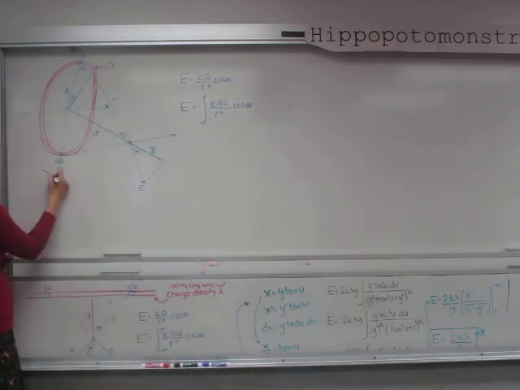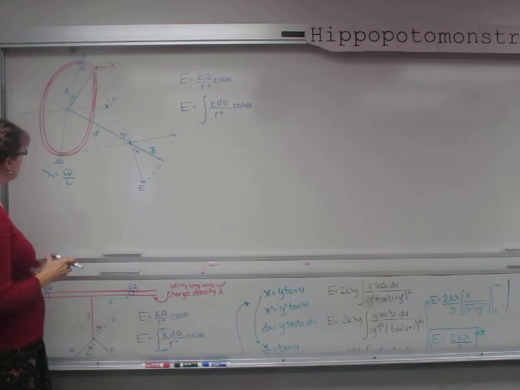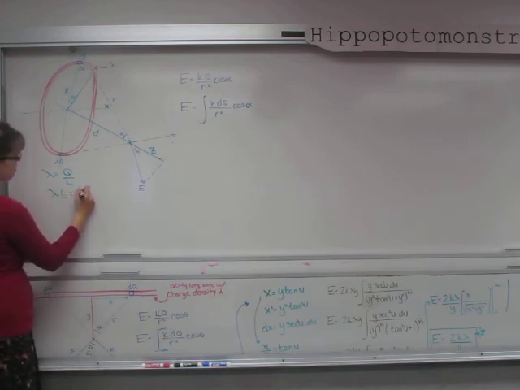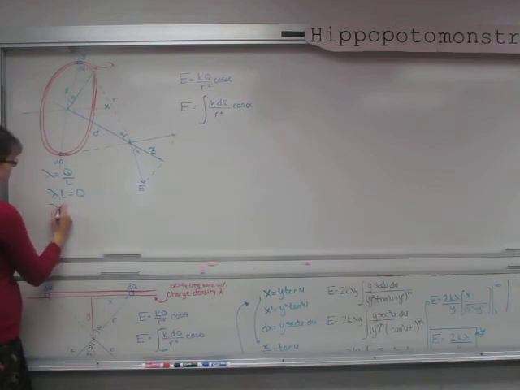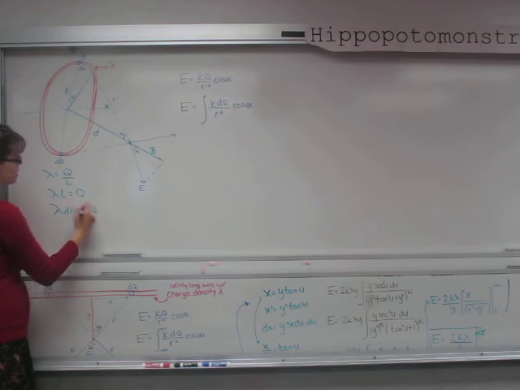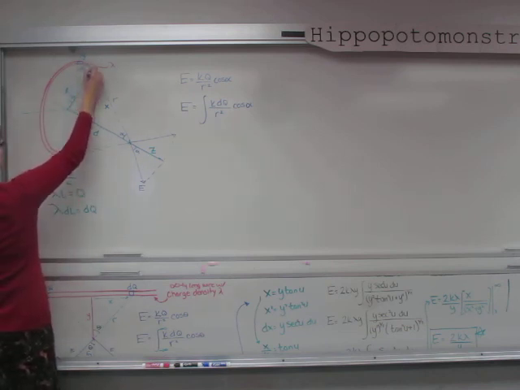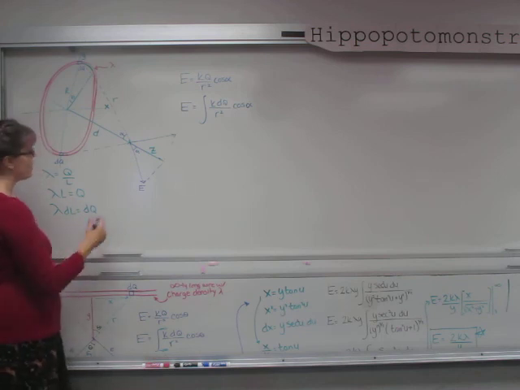We know lambda is equal to charge per length. So lambda times the length is equal to our charge. So lambda dl is equal to dq. Now let's look at this a little further. Our L in this case is an arc length, right?